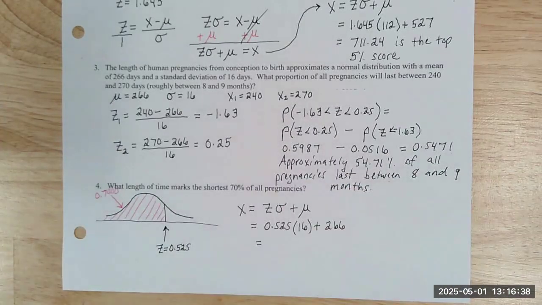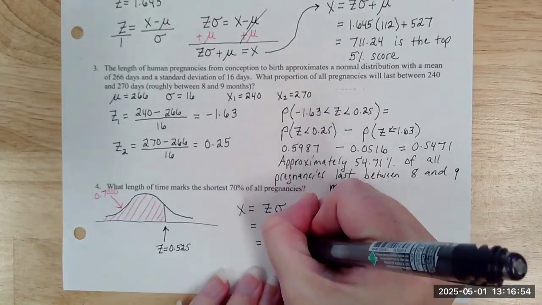Okay, so we have 0.525 times 16 plus 266. I got 274.4 days.